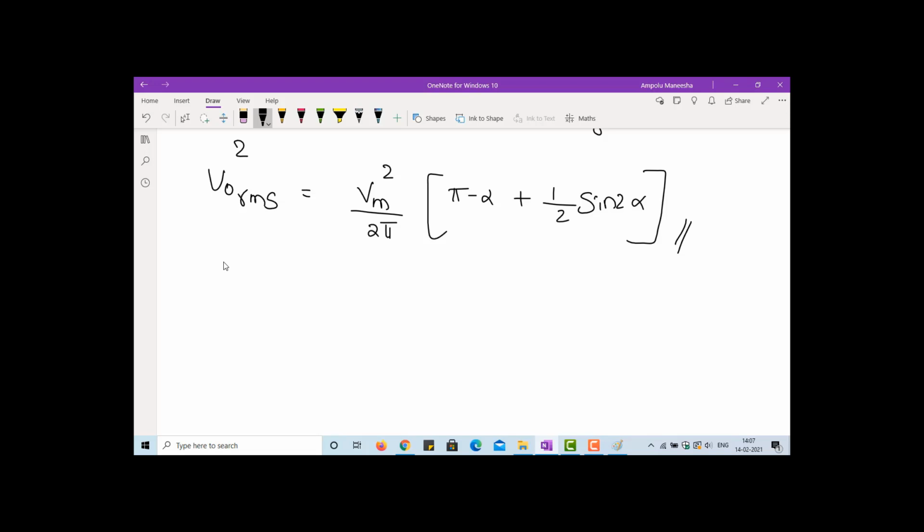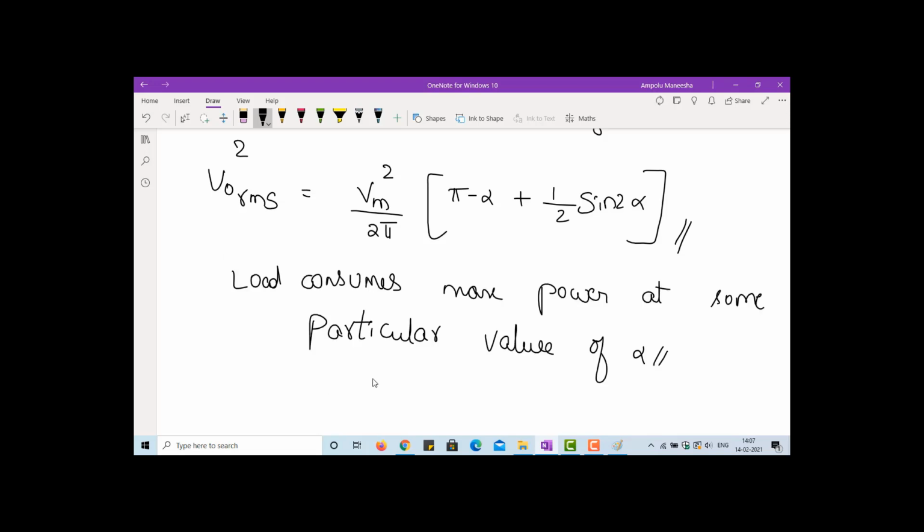So, in order to find out the range of alpha when the load consumes maximum power, we need to take the derivative of V naught RMS square with respect to alpha and equate it to 0 to get the particular value of alpha.